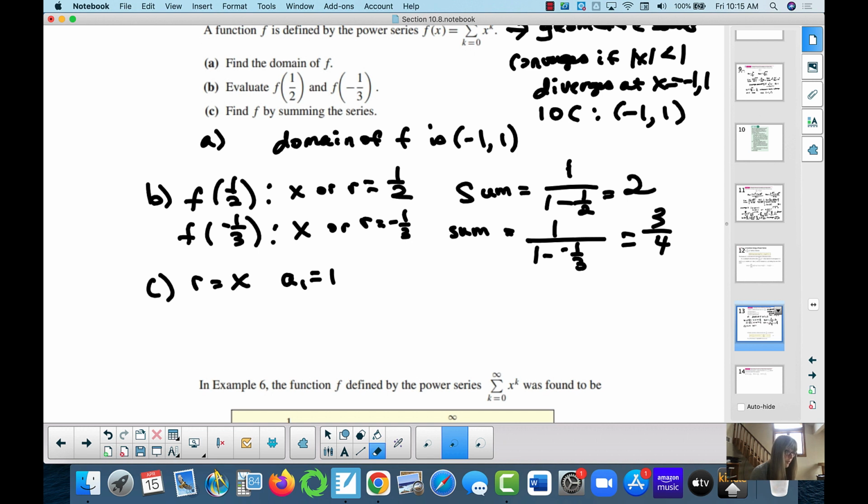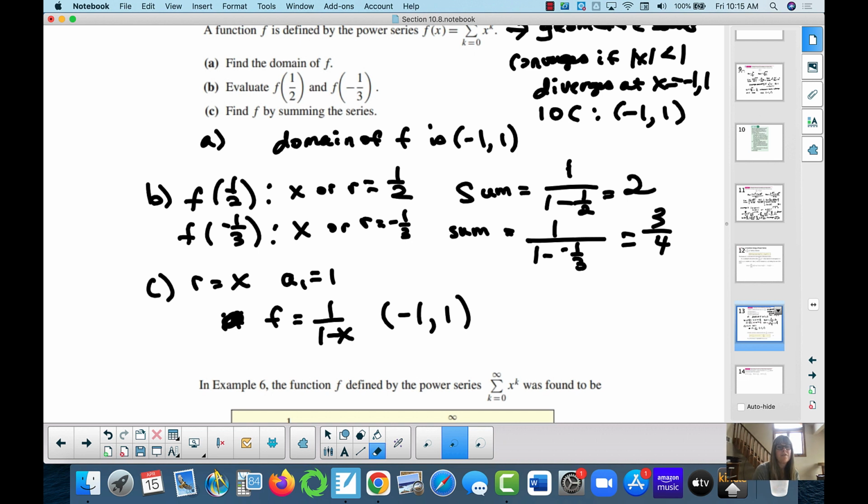So if I use the formula, we can say that f has to equal this formula, 1 over 1 minus r, so 1 over 1 minus x, in the interval -1 to 1.